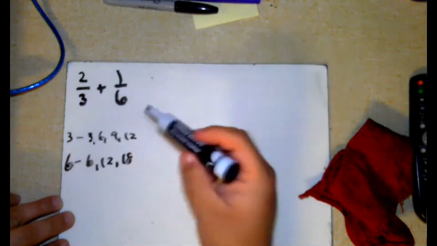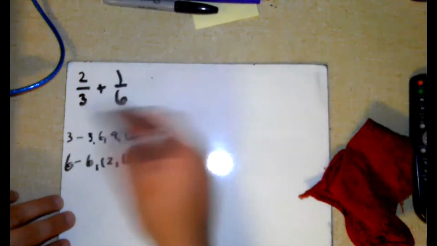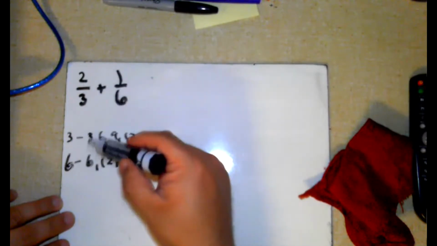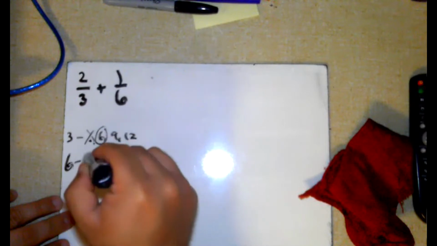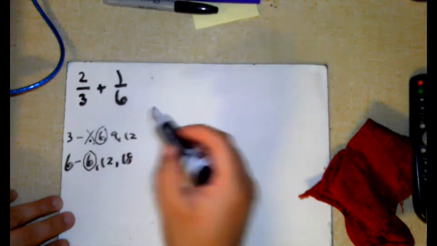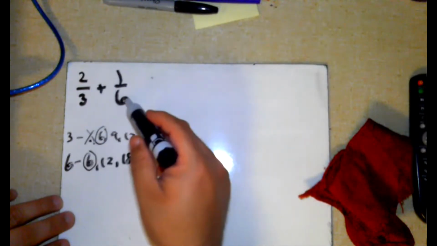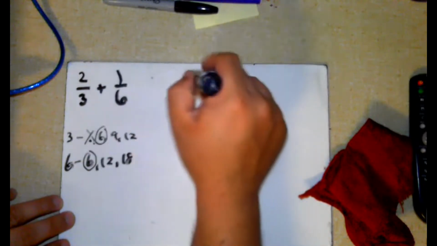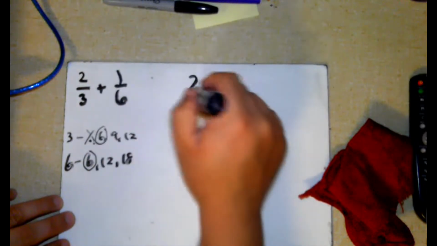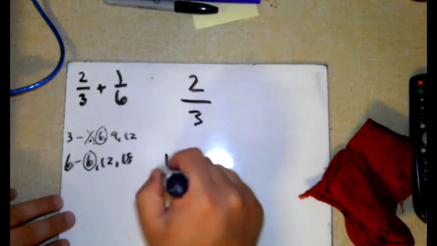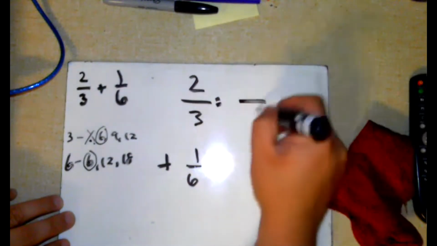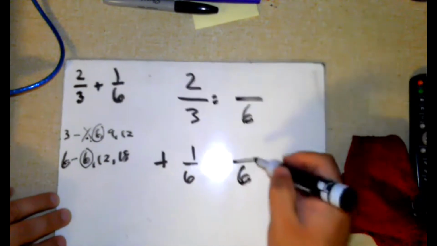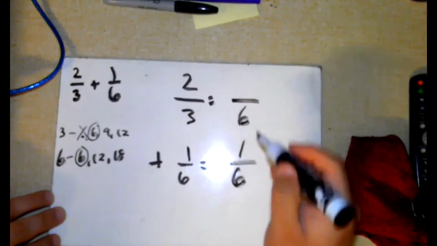Now, what is the lowest common multiple of 3 and 6? They both have a 6. So we know that this one already has a 6, so we're not going to change it. I'm not going to find the equivalent fraction. So what we want is a denominator of 6. So we're going to keep that one.